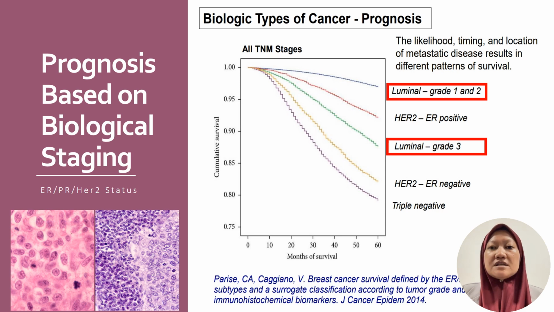Lower grade tumors are often associated with slower growth rates and lower likelihood of metastasis, making them more amenable to effective treatment options. In contrast, grade 3 tumors are typically more aggressive and have a higher risk of recurrence. This emphasizes the need for tailored treatment strategies based on tumor grading.